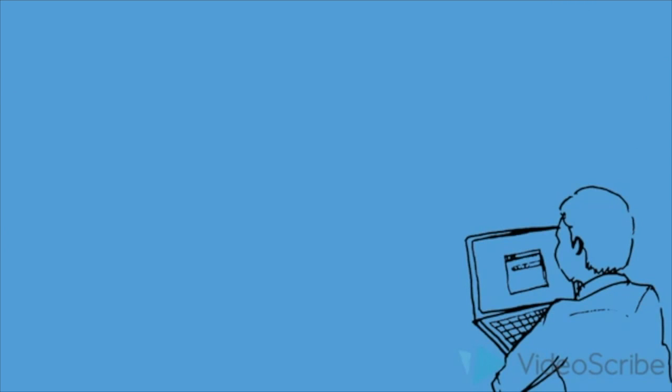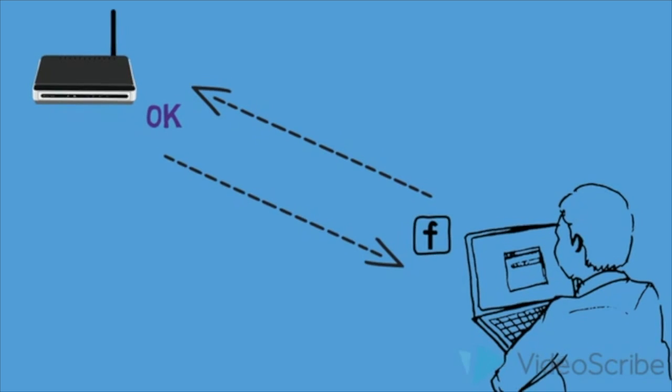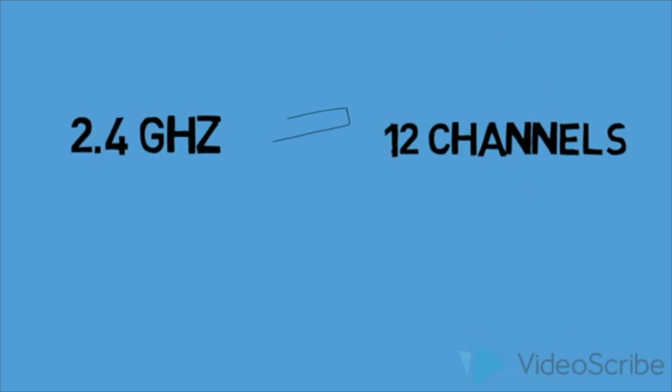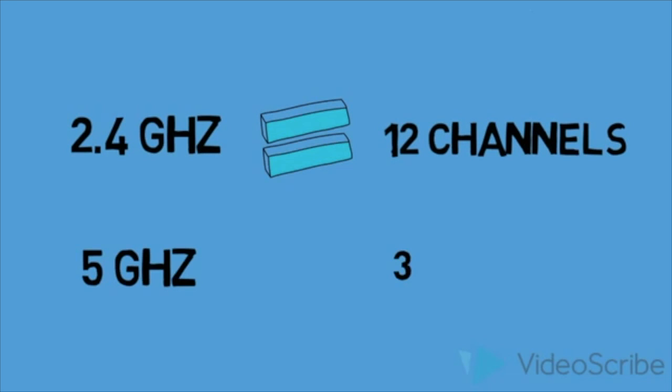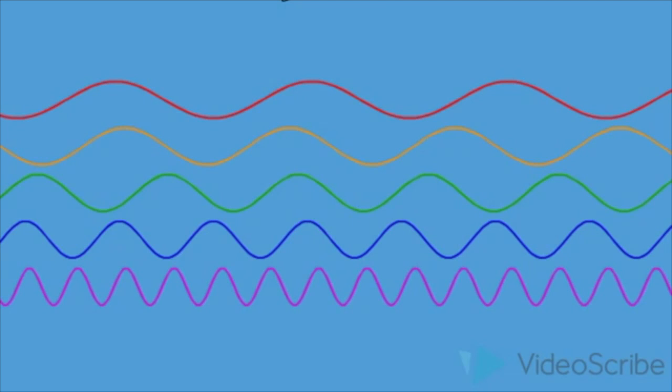You have probably noticed that you don't have to worry about picking channels or anything when connecting to Wi-Fi. That's because these usually set up automatically when you connect to your router. Your computer and router will work out the details between them. Just for your reference, 2.4 GHz has around 12 channels, and 5 GHz has around 30 channels. I say around because the number of channels is dictated by the country.